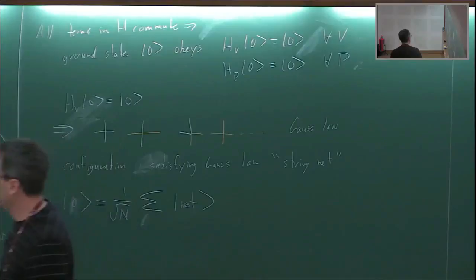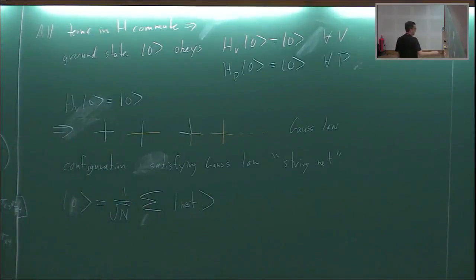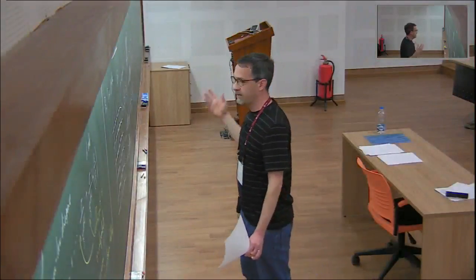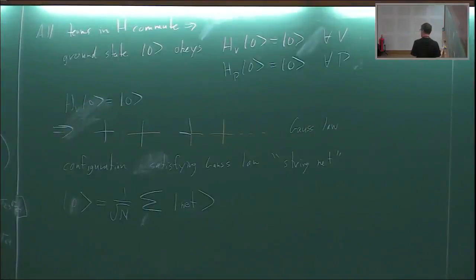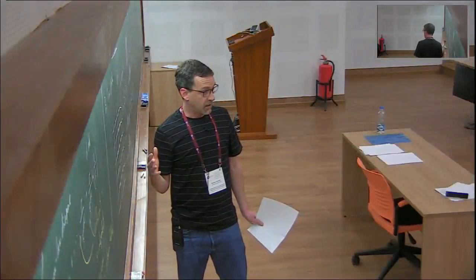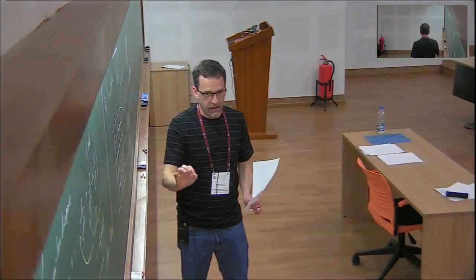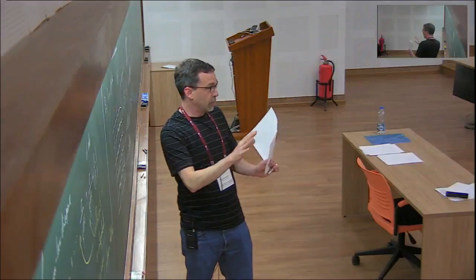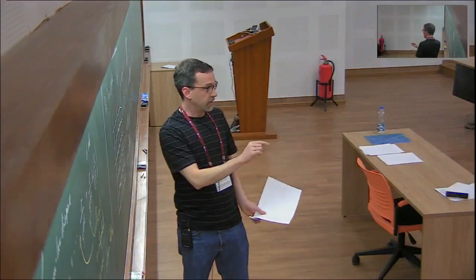Yeah, because I can always create little loops and move them around and everything. And by applying one of these operators, you always change the state. So in the basis that we're working in, any string net will be changed.